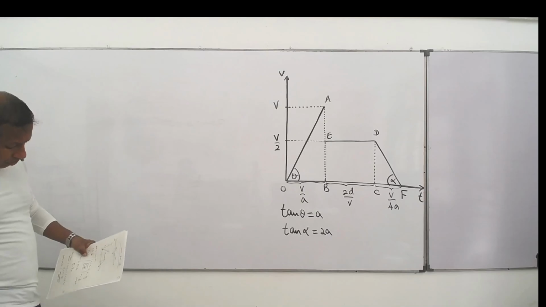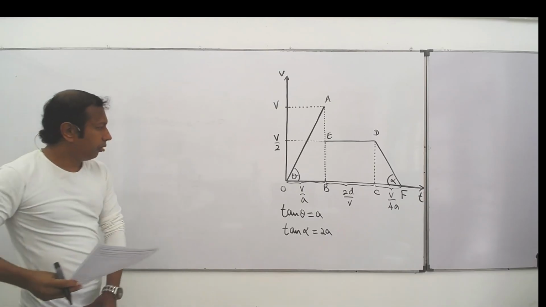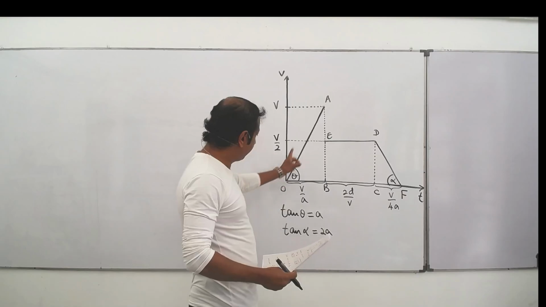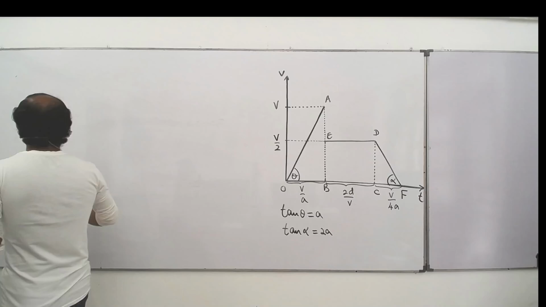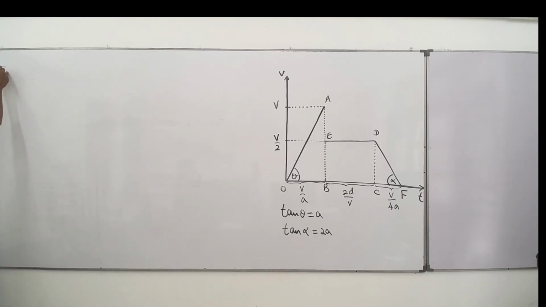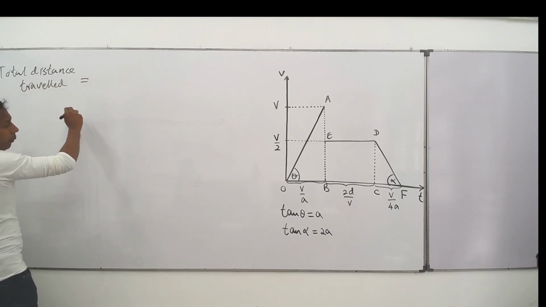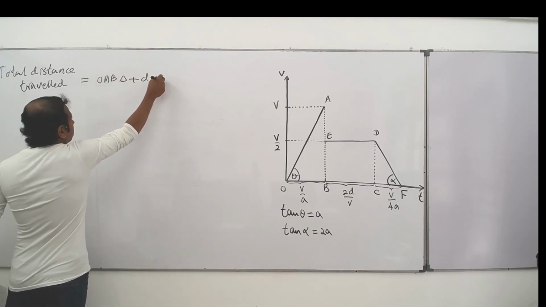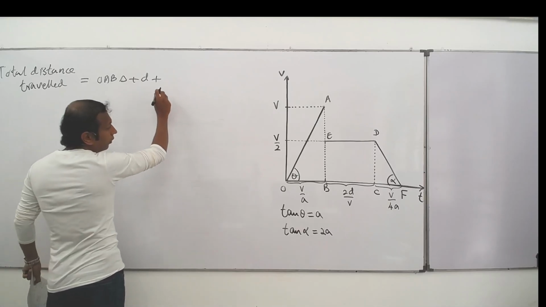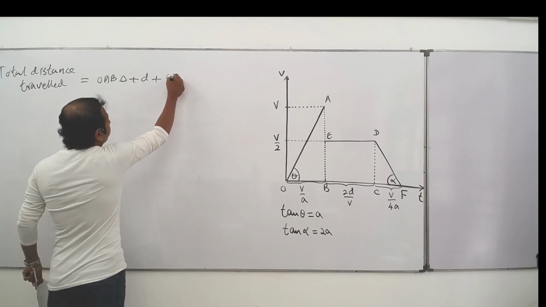Right. Total distance traveled is this OAB area and this area and this area, right? OAB area plus the DCF area.